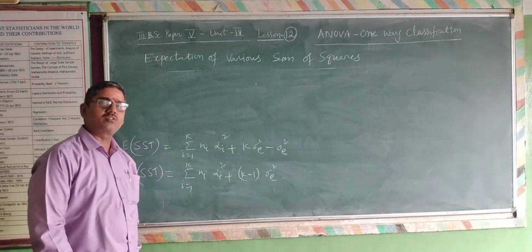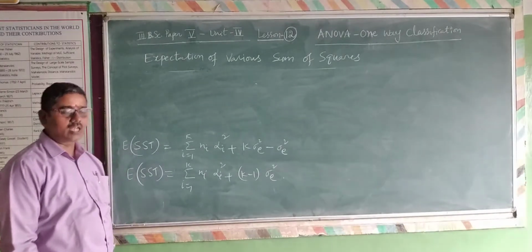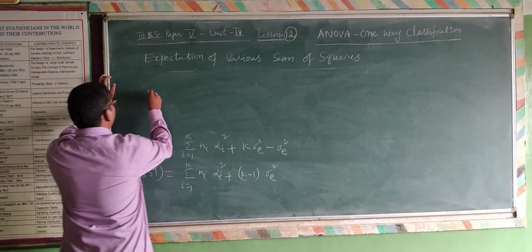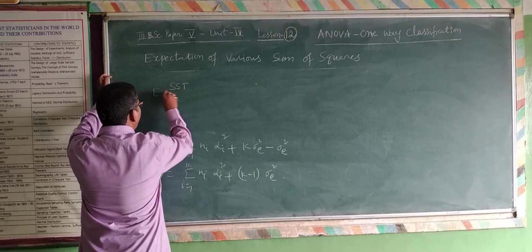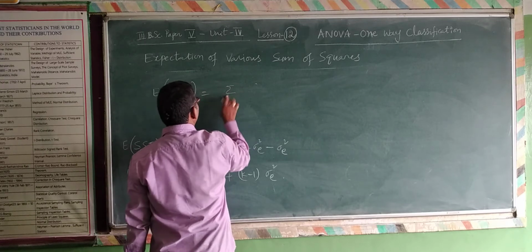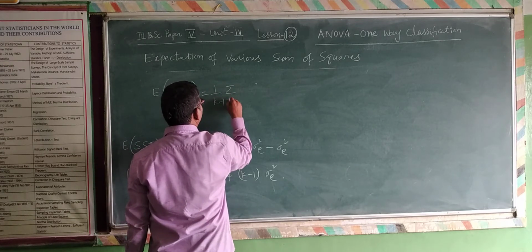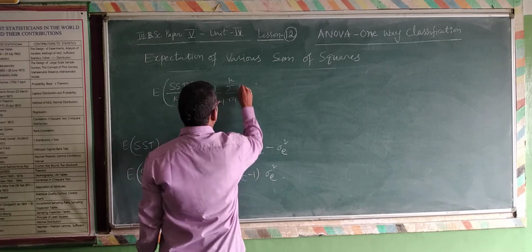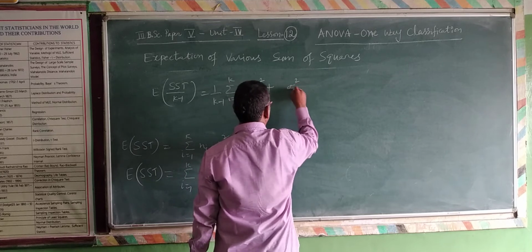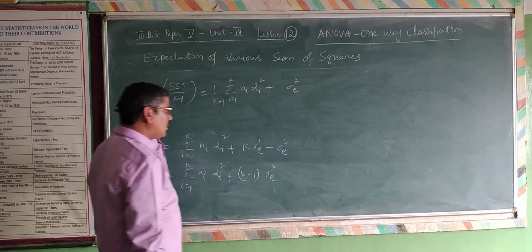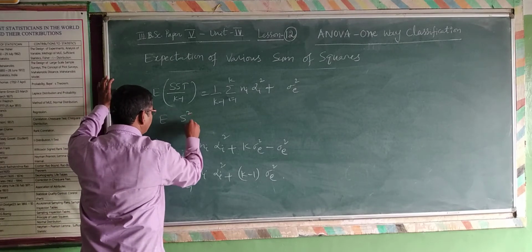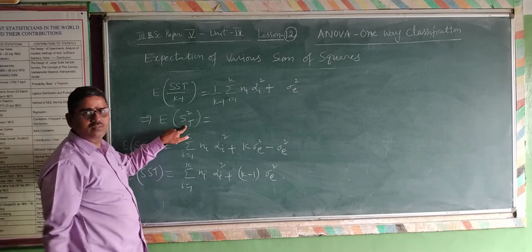I am calculating the expectation of the mean sum of squares due to the treatments. That is, I am dividing by k minus 1, so that expectation of SST divided by k minus 1 is equivalent to 1 by k minus 1, summation i equals 1 to k n_i alpha_i squared, plus sigma_e squared. So whatever SST by k minus 1, which we write as S_t squared, is the mean sum of squares due to the treatments.